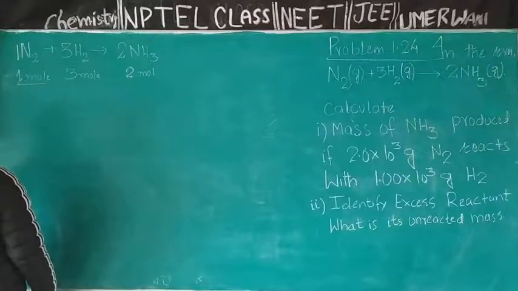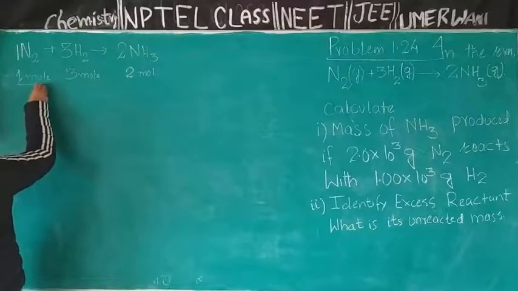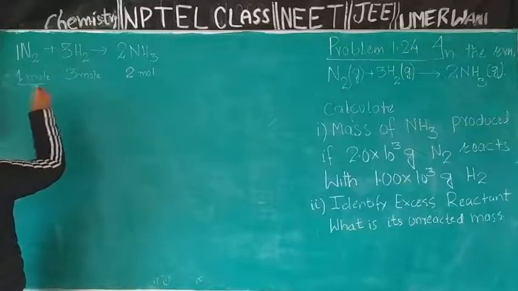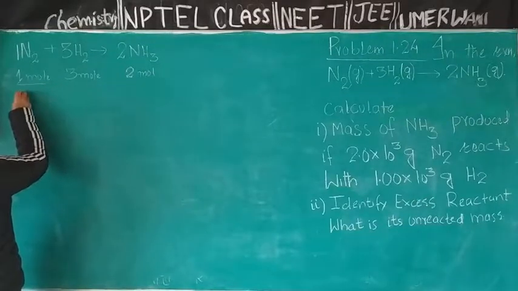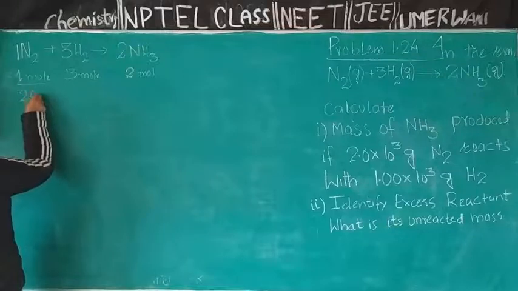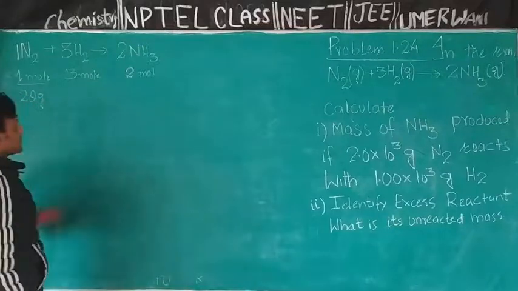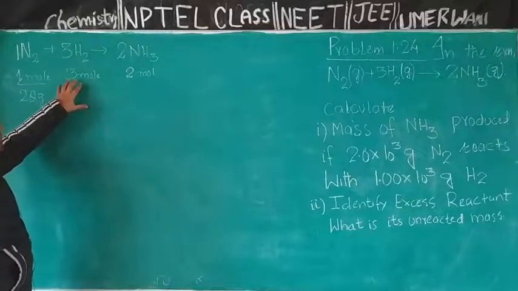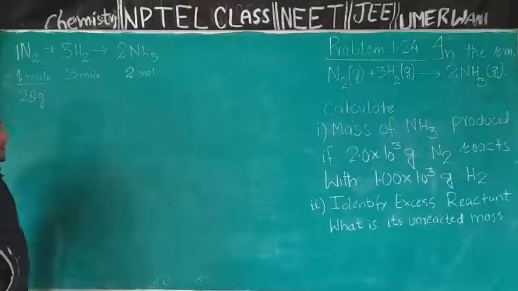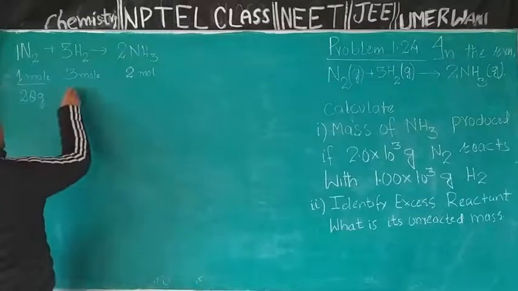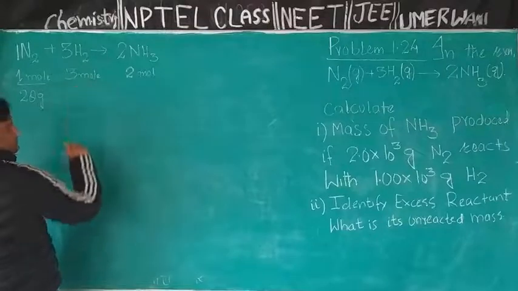And in terms of mass, if I will present this quantitative information, stoichiometric mass, required mass of dinitrogen is mass of its 1 mole, that is molar mass, gram molecular mass, which is 28 grams. Similarly, required mass of dihydrogen is mass of its 3 moles.